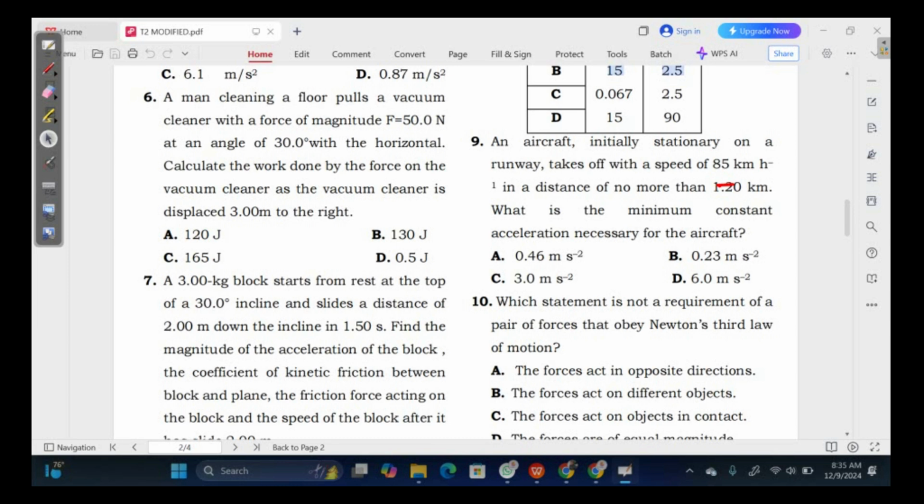The question continues: initially stationary on a runway, takes off with a speed of 85 kilometers per hour. So this 85 kilometers per hour is the final speed.